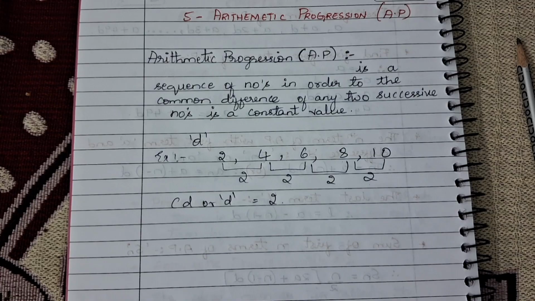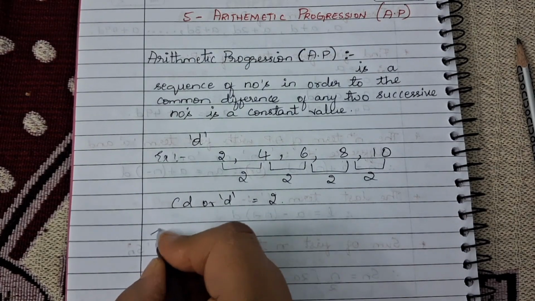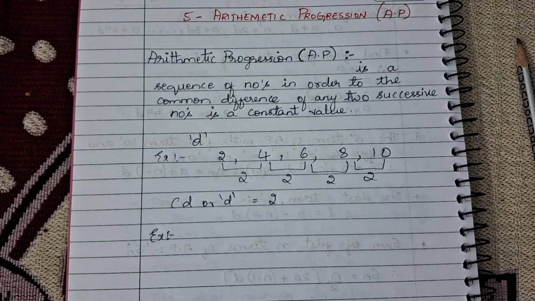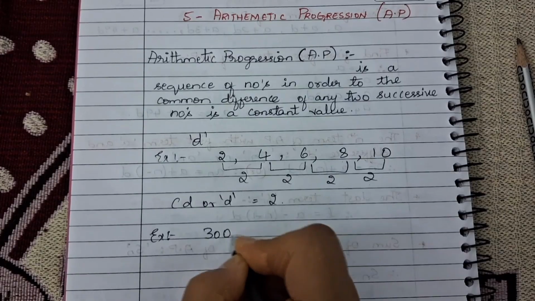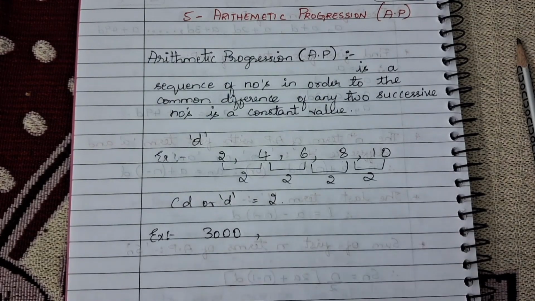And another example: if a man has a 3,000 salary, we'll write here 3,000 salary, and they say in the office that per year his salary increases by 500. So we write 3,000, and per year 500 is going to increase.